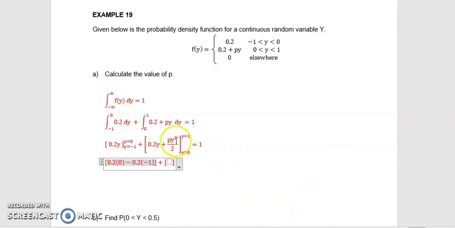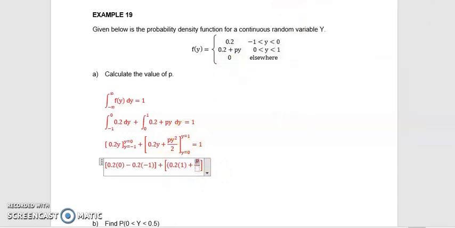Plus, for this part substitute y equal to 1. So 0.2 multiplied by 1, plus y squared, 1 squared is 1, over 2, so p over 2, which is 1 over 2 multiplied by p.